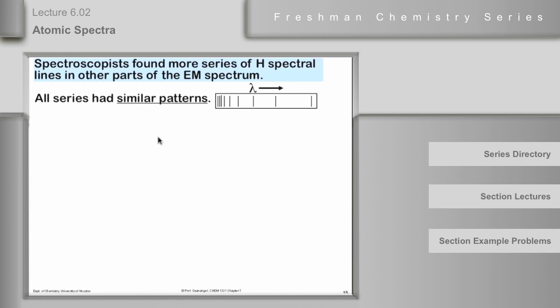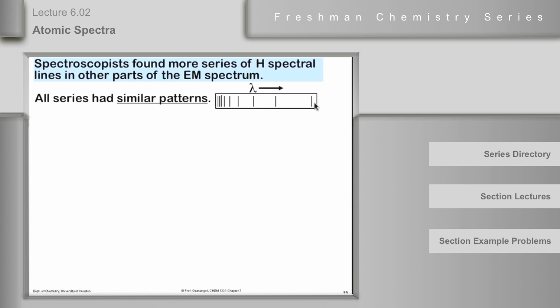Well, spectroscopists developed over this time period that we've been looking at, and they were able to historically notice that the lines, like those in the hydrogen spectrum, came in series. And each series looked like it followed a similar pattern.